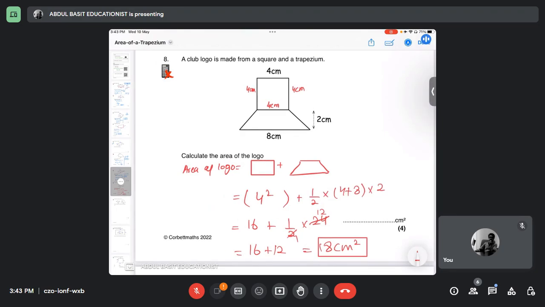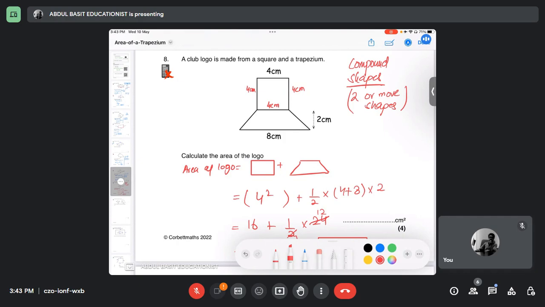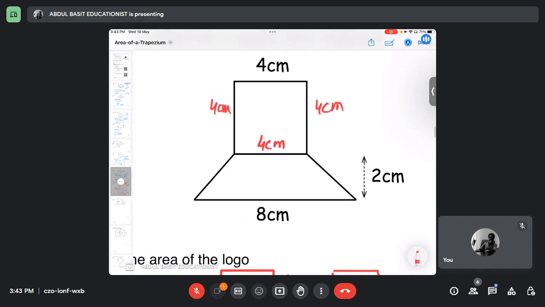Because it's a compound shape, and whenever we have a compound shape, it can be a combination of two or more shapes. Is this clear? If you know the shapes and the formulas, you can solve each and every question. For example, if the question is to find the perimeter of the logo, remember that perimeter is the boundary.